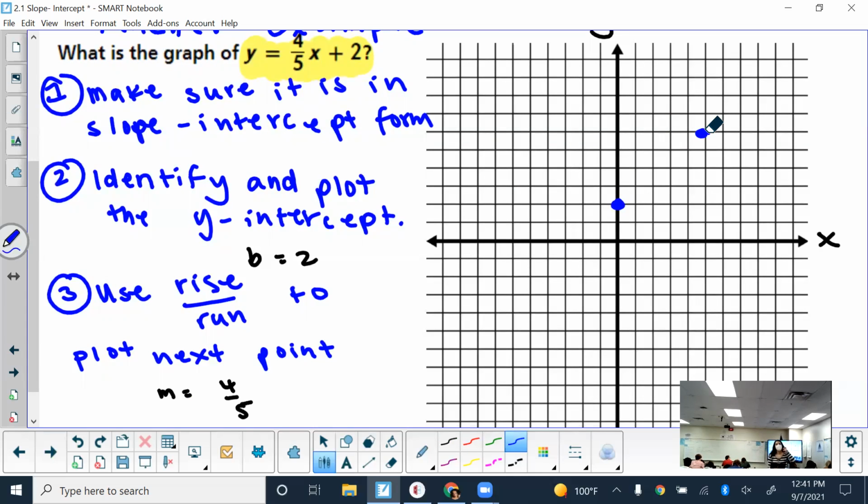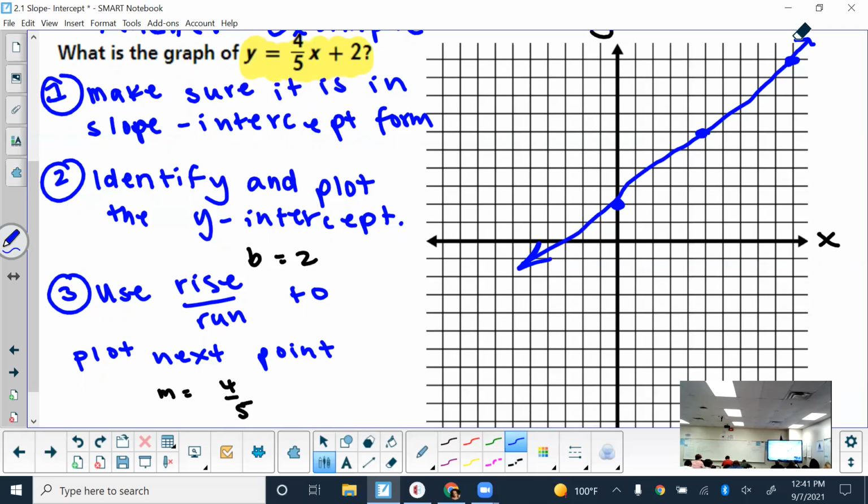Now, you really only need 2 dots, but we'll just throw in a third so that we can make a really straight line. So going up 4, to the right 5. And then connect your dots, draw your arrows. What do the arrows mean? That it goes on forever, right?